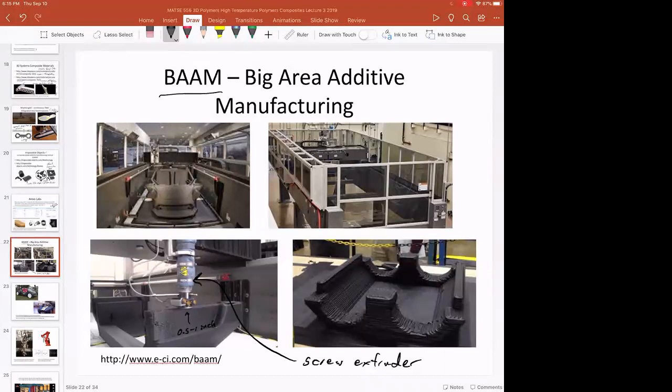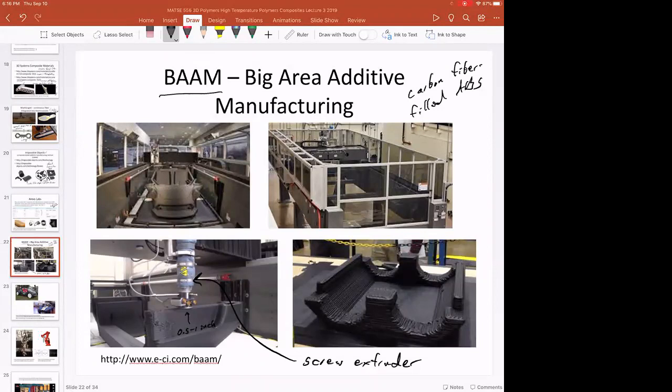And this material is black. And so this is carbon fiber filled ABS, I think. This is one of the grades of ABS that you can buy. ABS is a good engineering polymer, and then you fill it with carbon fiber, and it's stiff enough that you can make these large scale structures.